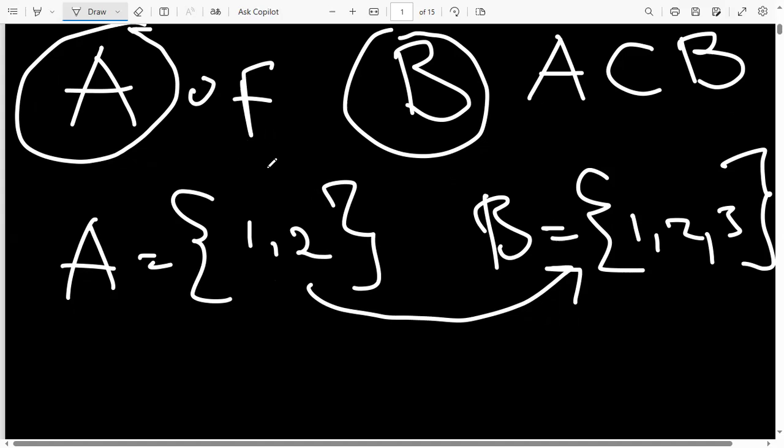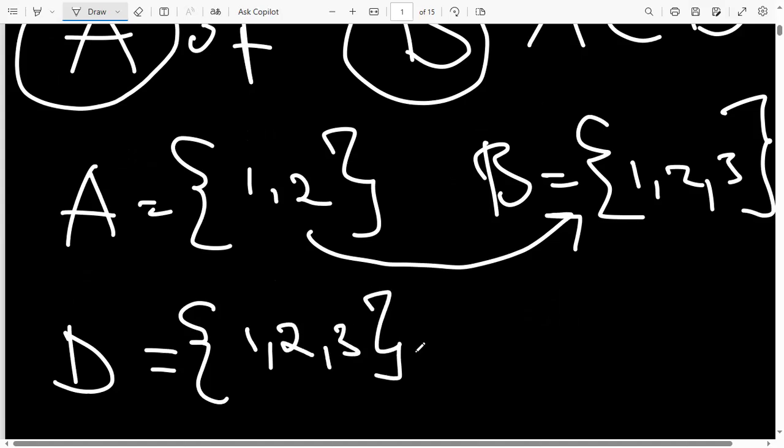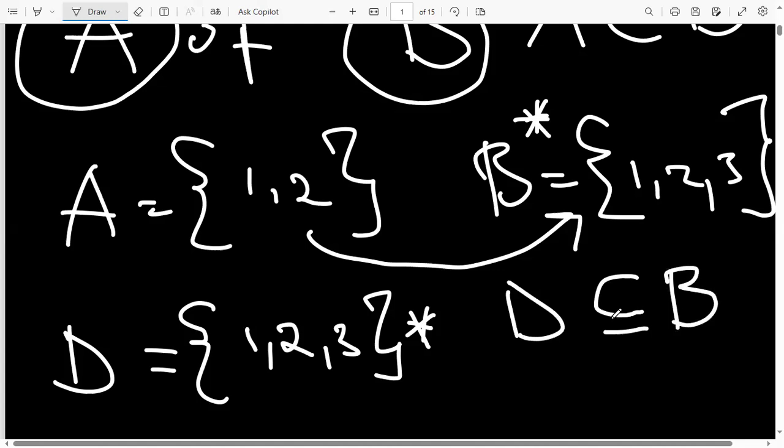So let's say, for example, I had another set D here, and this set D contained 1, 2, 3 as well. So you can see that this set D here contains all the elements of set B. Okay, so we would say that D is a subset or an improper subset of B. Why? Because every element of this D here is also in the B there.